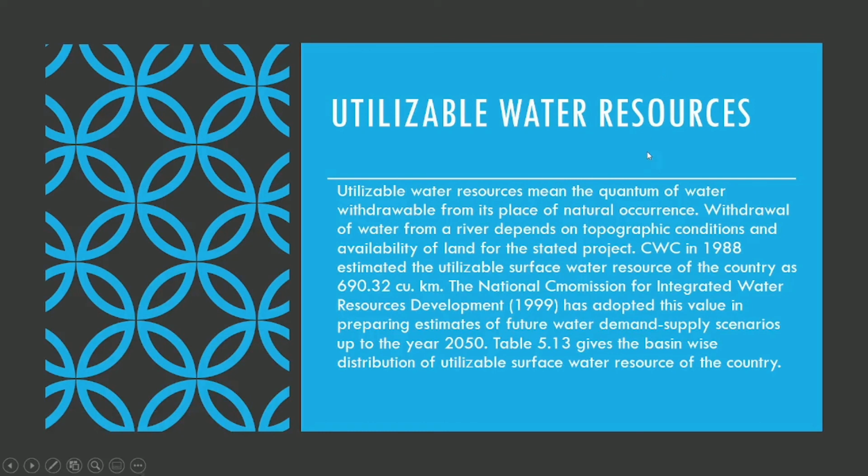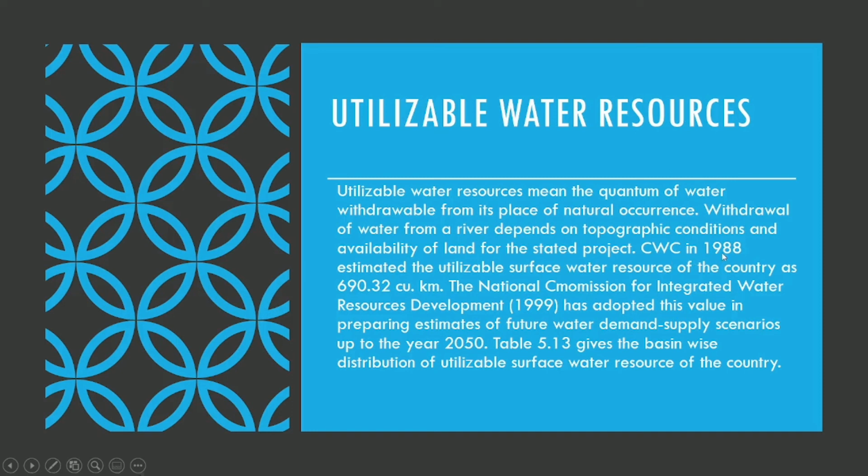Utilizable water resources. Utilizable water resources mean the quantum of water withdrawable from its place of natural occurrence. Withdrawal of water from a river depends on topographic conditions and availability of land for the stated project.